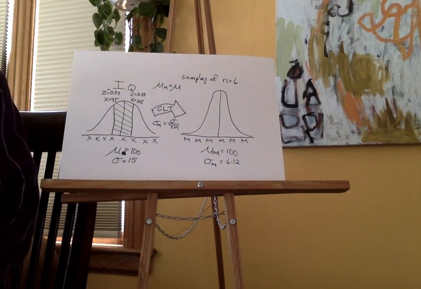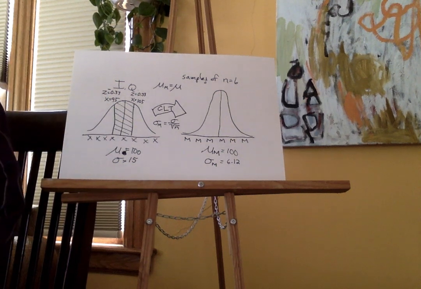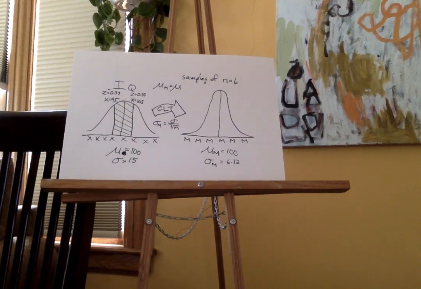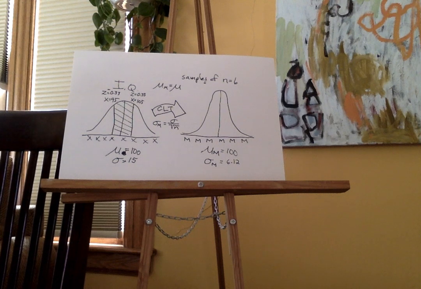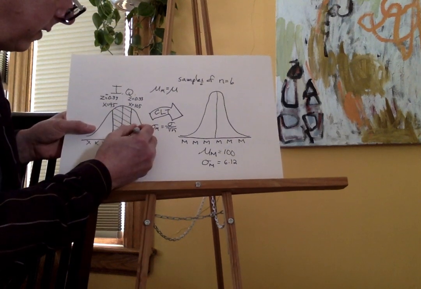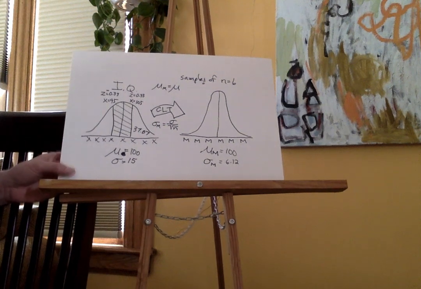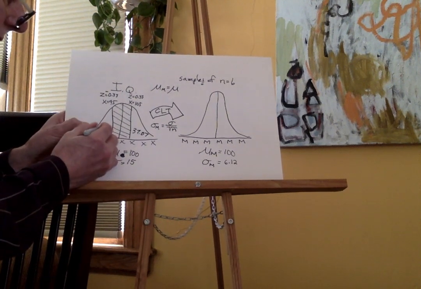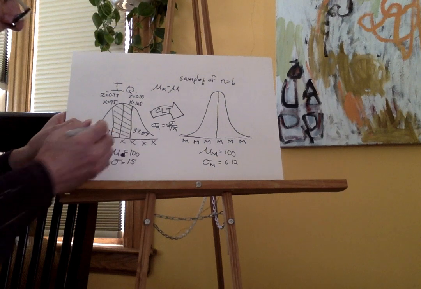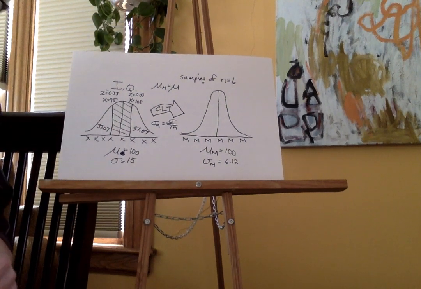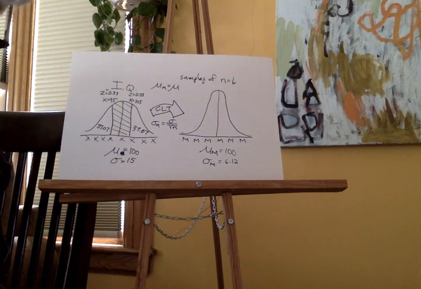Okay, 0.33. So I'm going to look at the tail for 0.33. The tail for 0.33 is 37.07. So that means because it's symmetrical, it's 37.07 here. Are you with me?